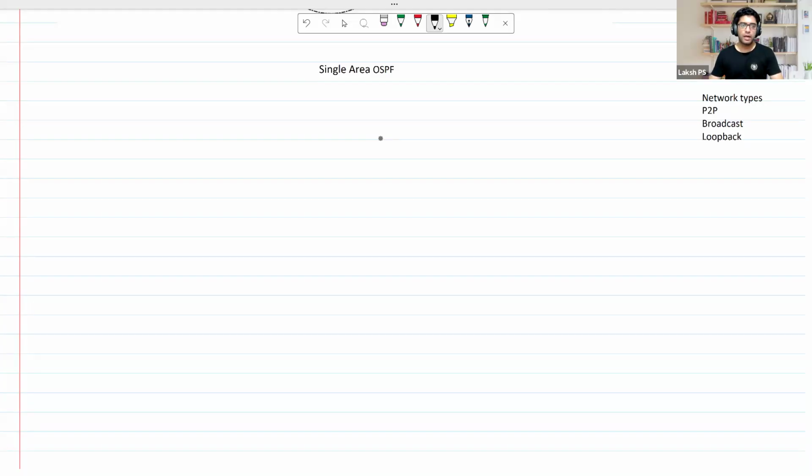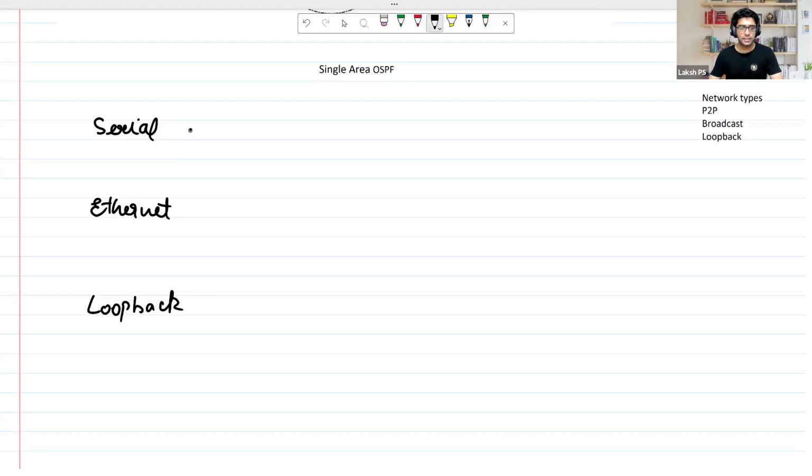Now OSPF, as we had discussed in yesterday's class, works based on the interface that you're connected with, right? So you have serial interfaces, then you have Ethernet interfaces, and then you have loopbacks, right?